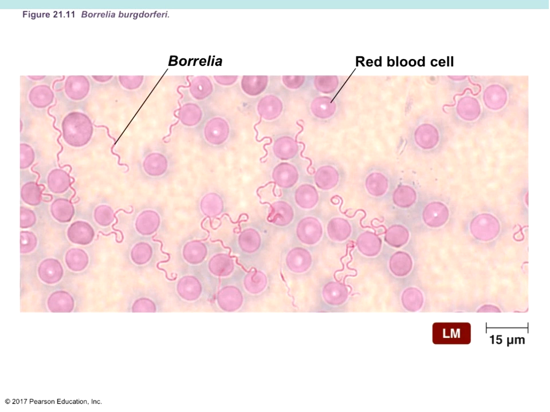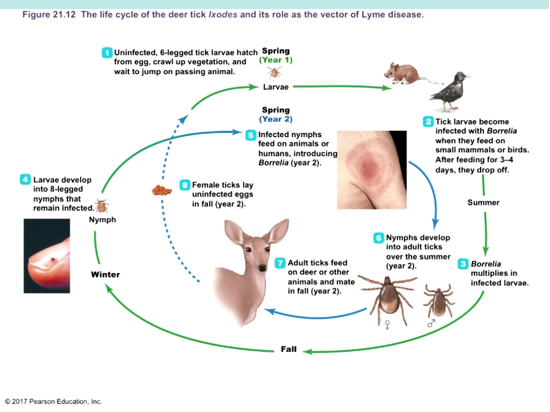So for that life cycle, I thought I had this. Okay, we do have slides. So here we have the red blood cells, and we have the spirochetes, the Borrelia burgdorferi.